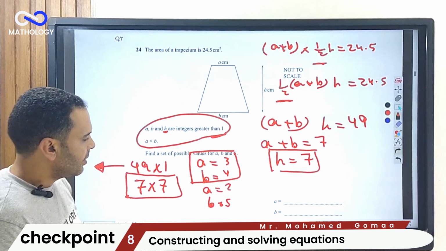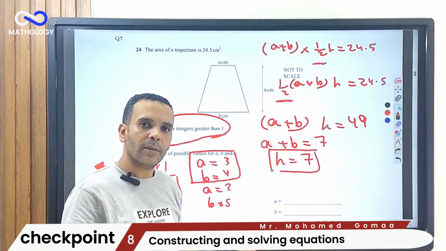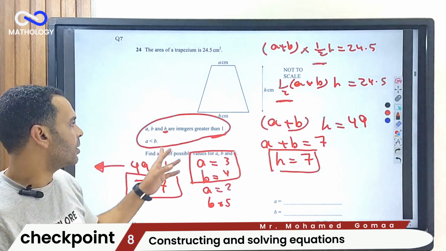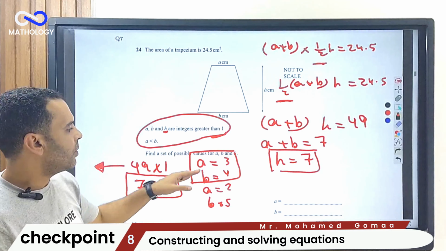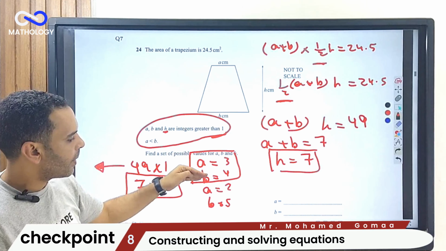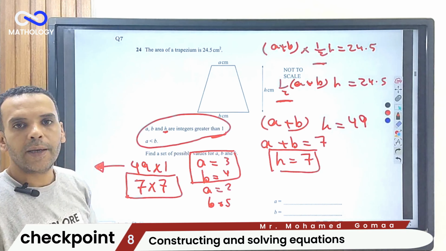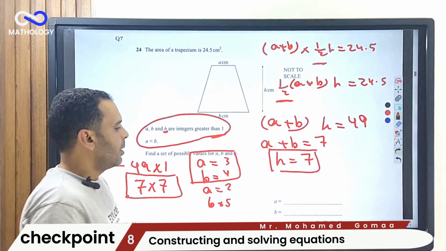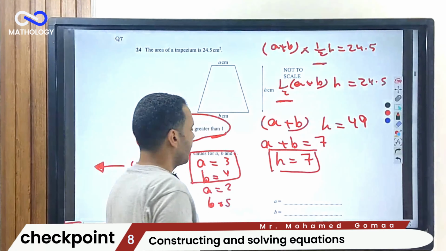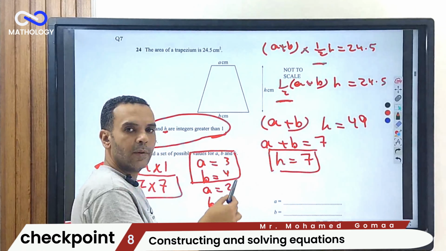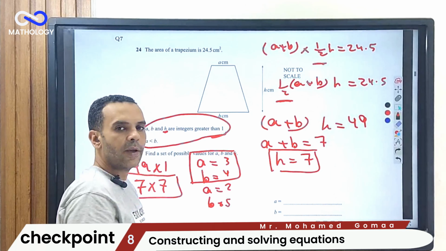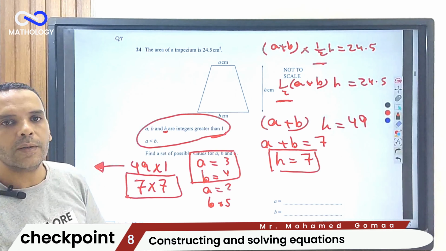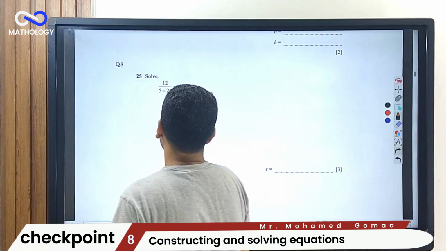We can't write A equals 1, a contradiction with A, B, and H greater than 1. So we can say 3 and 4 or 2 and 5. H equals 7, A 3, B 4, it's right. H 7, A 2, and B 5, also this one is right.